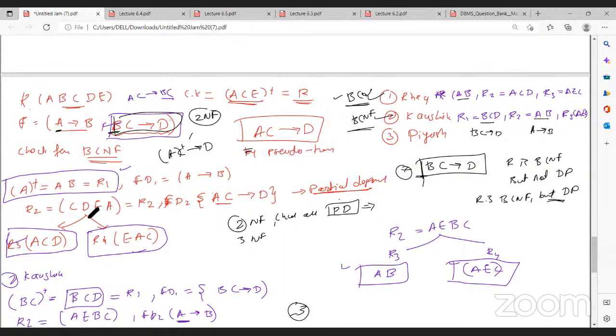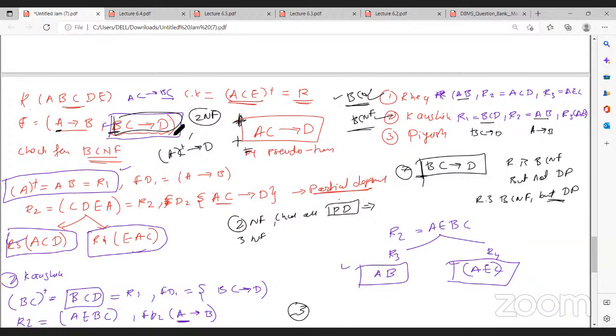So that is FD2 plus. Yeah, from FD2 plus I will get AC determines D. Okay, so for every decomposition, we are really also calculating the pseudo transitivity. We are calculating FD2 plus.